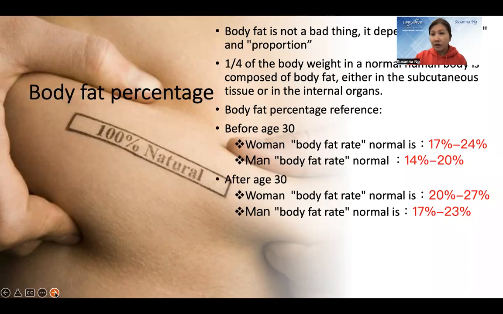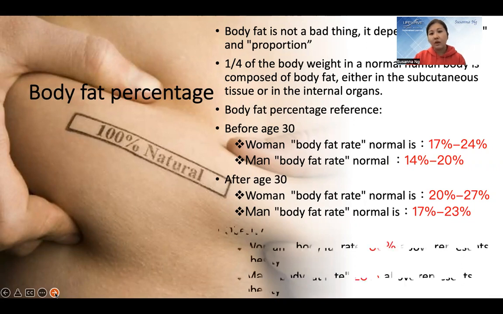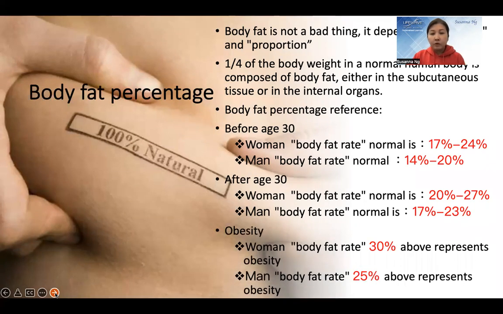After age 30, a woman's body fat normally increases to 20% to 27%, and a man's is 17% to 23%. For obesity, a woman's body fat over about 30% and a man's about 25% we can define as obesity.